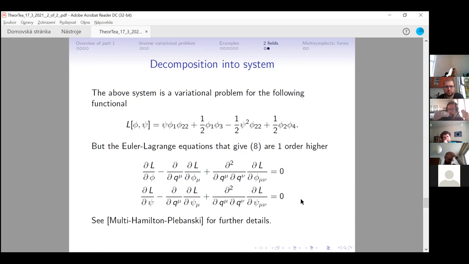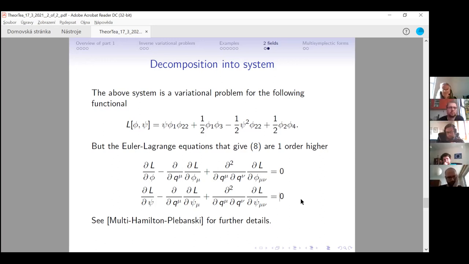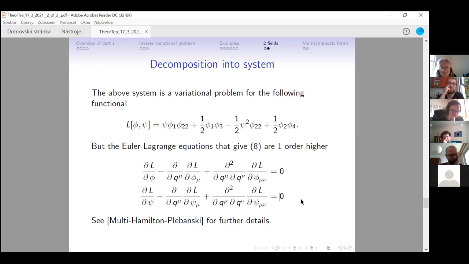Sorry, I can't remember the name, but I think people have already solved some version of the inverse problem. If you go to infinite jets, then you always have a solution, but I'm not completely sure about the assumptions. I can give you some readings, but I'm not very sure about the details. Okay, thanks.